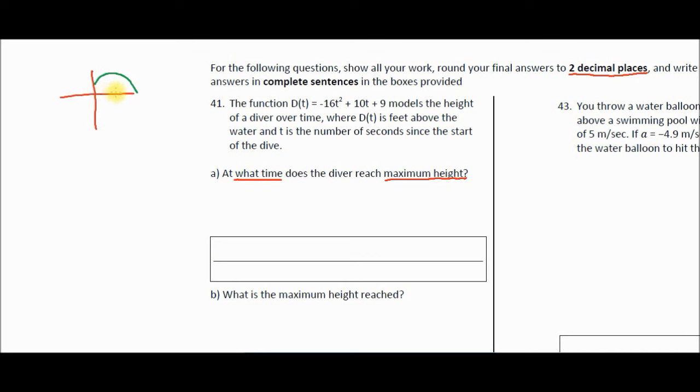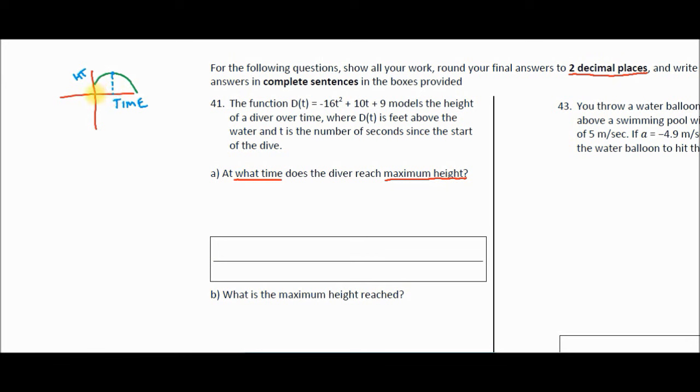And if we're looking at time, time is the x-axis. This is time. And we know that height, I'll just abbreviate that, h of t, is the y-axis. So when we're looking for time at maximum height, this is our maximum height. This will be our time at maximum height, and that is the x value of the vertex.